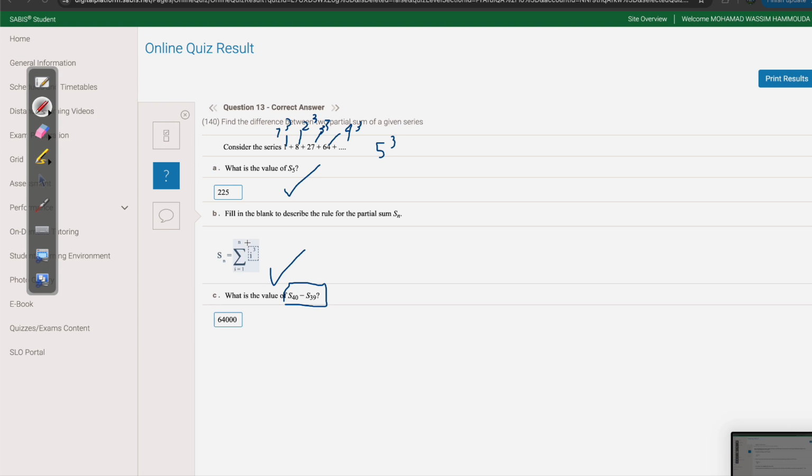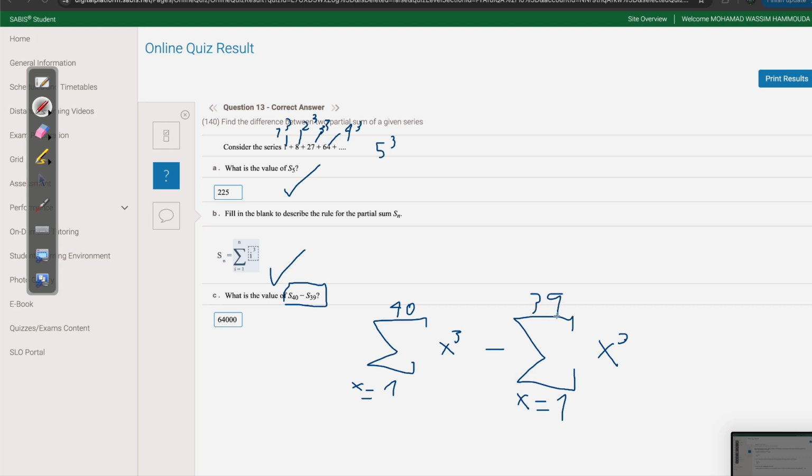And then you're going to do that minus, let me just write it here, the sum from x is 1 to 40 of x cubed, then minus the same thing again, x cubed, x is equal to 1, you put 39 here. So once we do that, we're gonna get 64,000, which is the right answer.